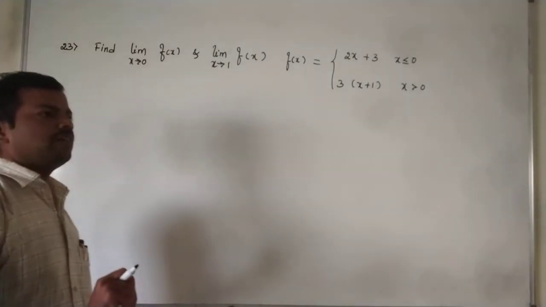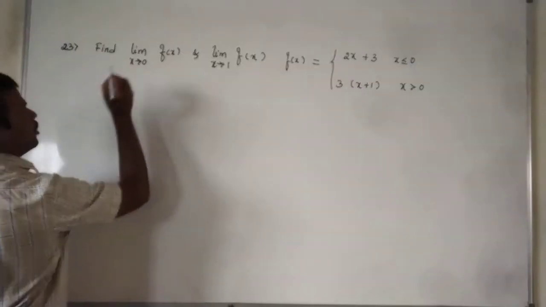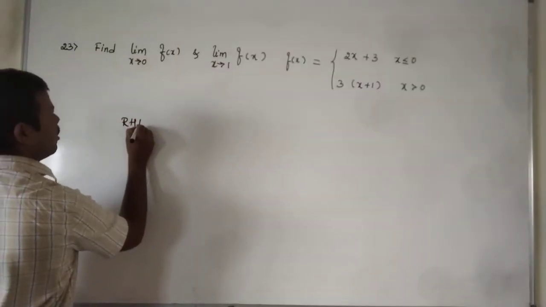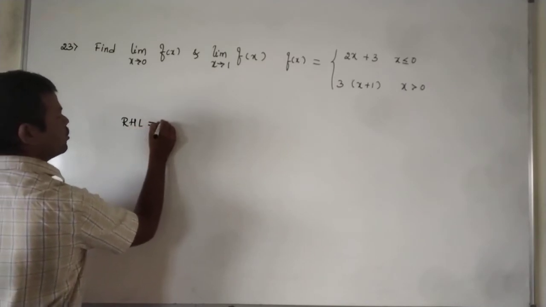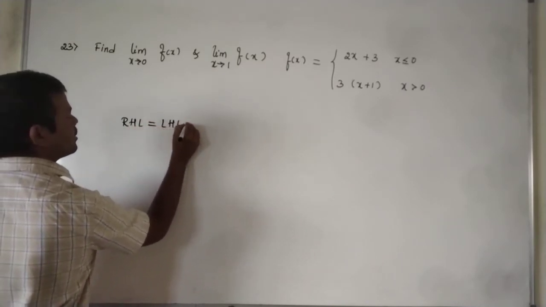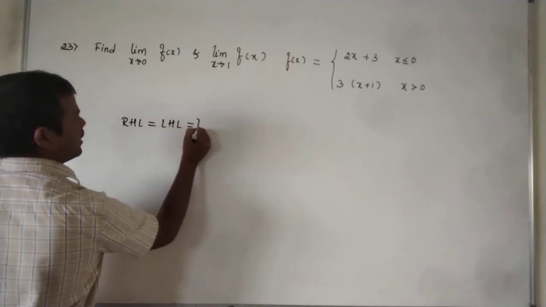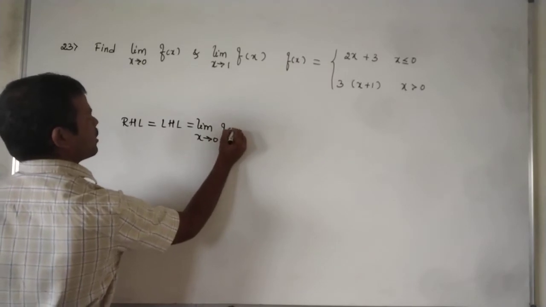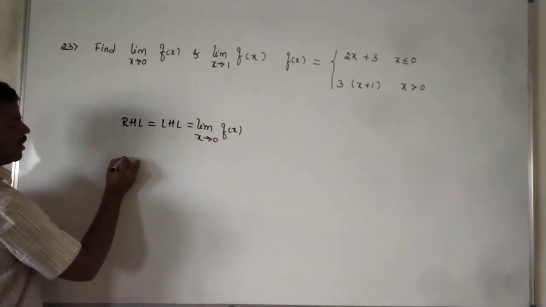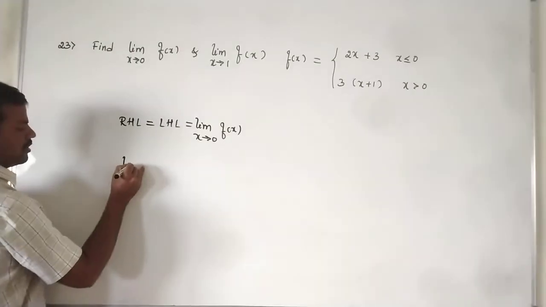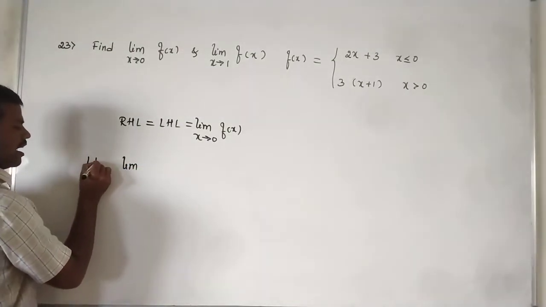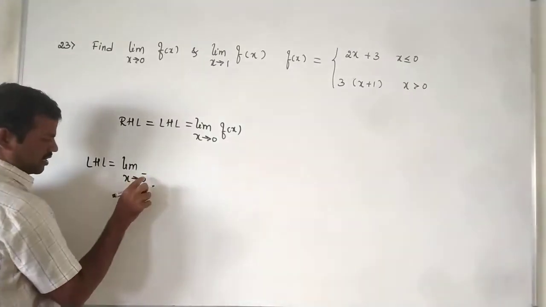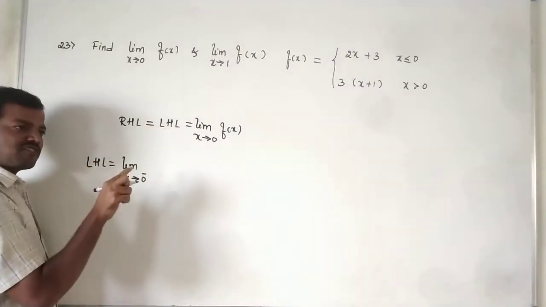For the limit to exist at the point 0, the right hand limit at x equal to 0 must equal the left hand limit. The left hand limit is indicated as the limit as x tends to 0 minus.